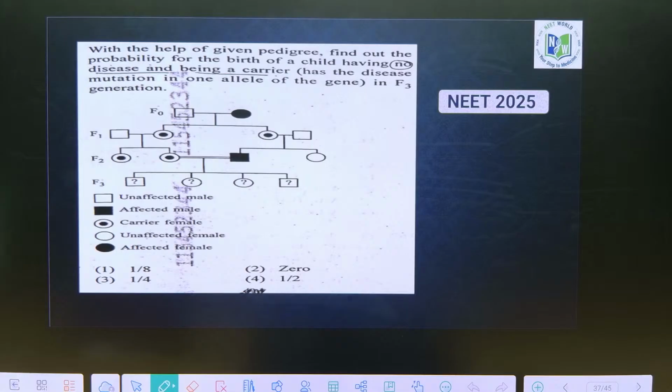Look at it properly and answer. Carrier female, if you can see, you can go for X-linked recessive, because in X-linked recessive only you can see carrier female. What is asked in the question?